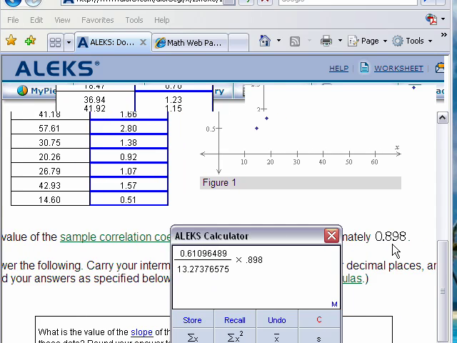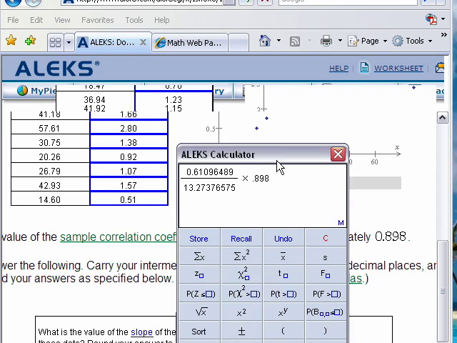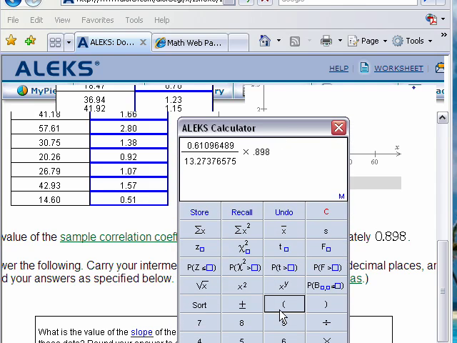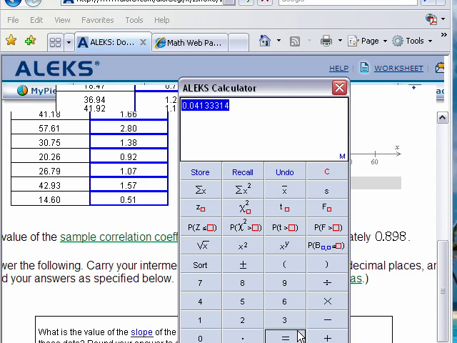So there's our R value of 0.898. So it's S sub Y over S sub X times 0.898. And then we hit equals.